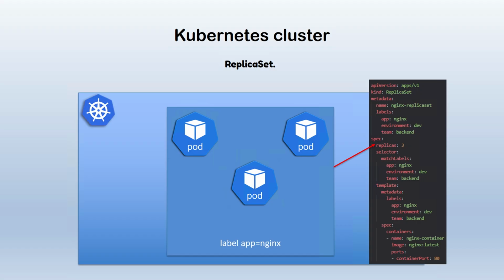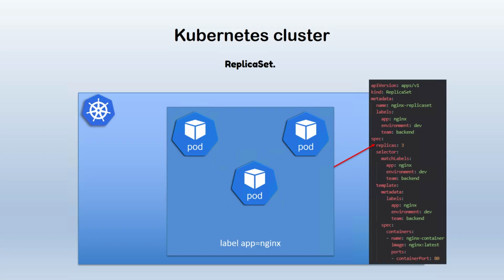You can define it using a YAML manifest or via the command line. Here's an example of a YAML manifest. As you can see, the API version of ReplicaSet, and next the kind line specifies that this resource is exactly a ReplicaSet and not a pod or another kind of resource. Next is the metadata, basic information such as the name or labels of the ReplicaSet.